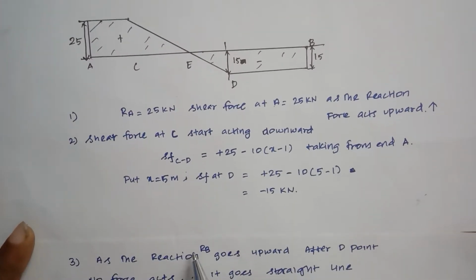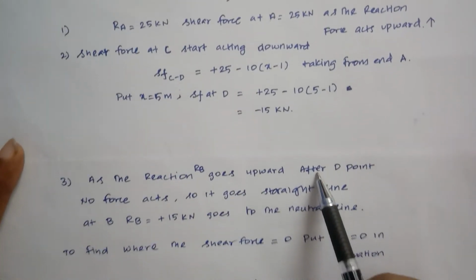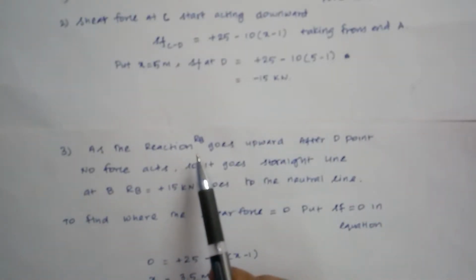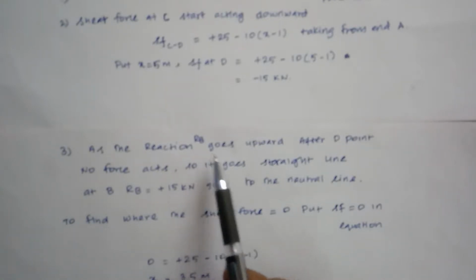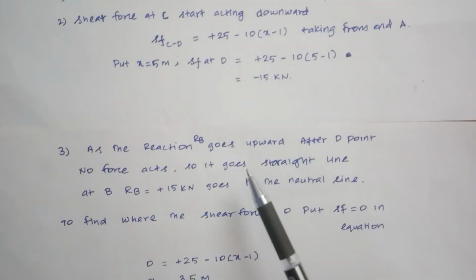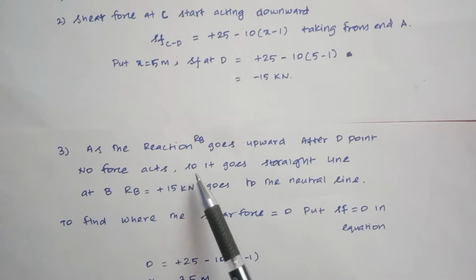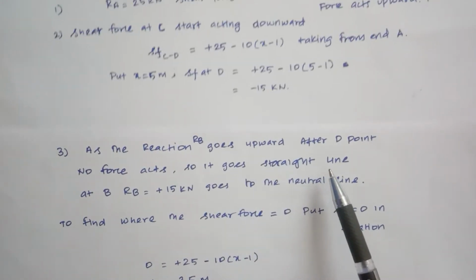As the reaction Rb goes upward, after point D no force acts, so it goes in a straight line like this.